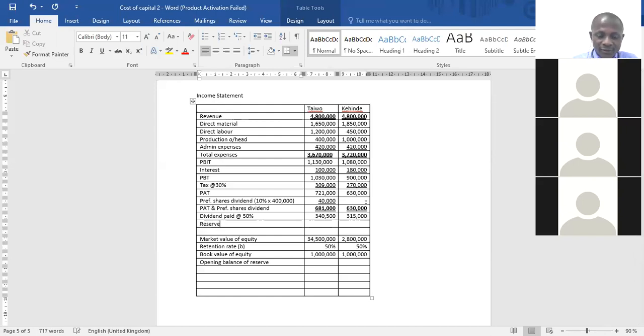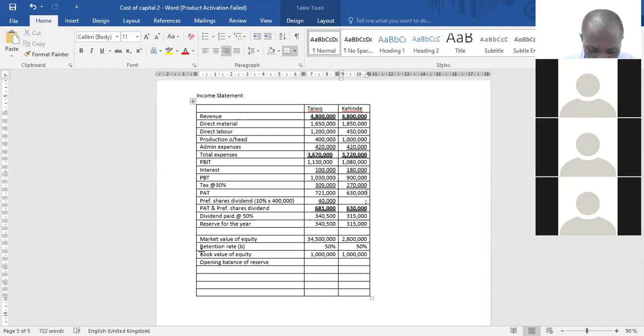Reserve for the year: you know, we pay 50% as dividend, so 50% is also retained. So it's 340,500, and here it is also 315,000. That's our retained earning for the year.